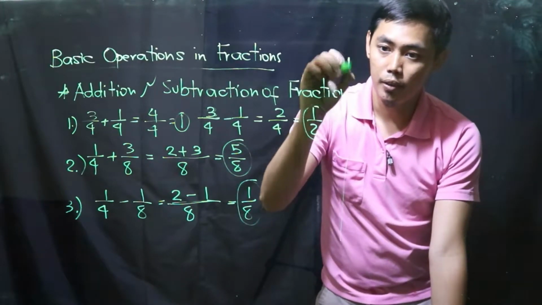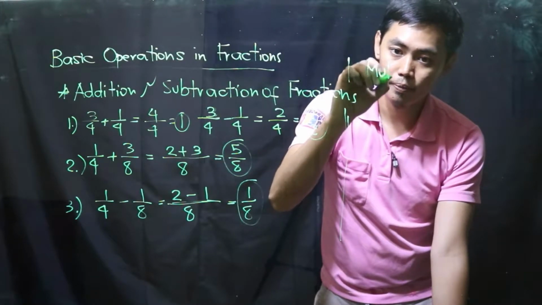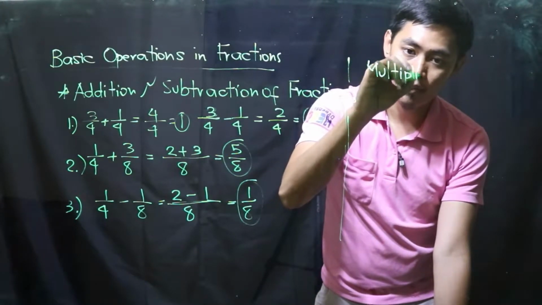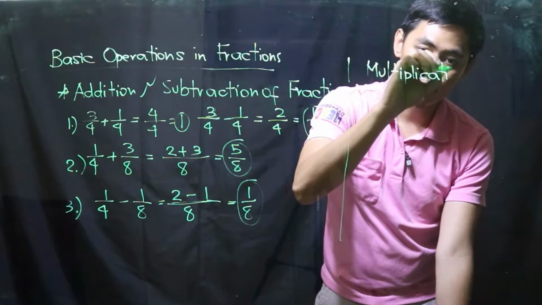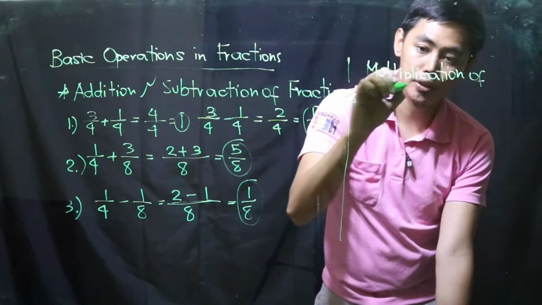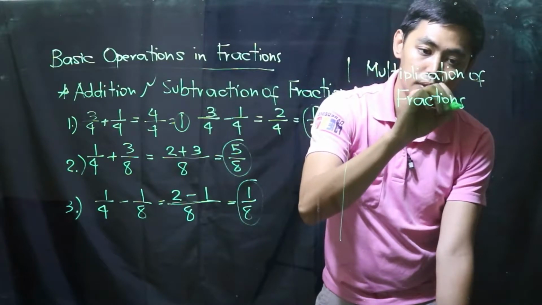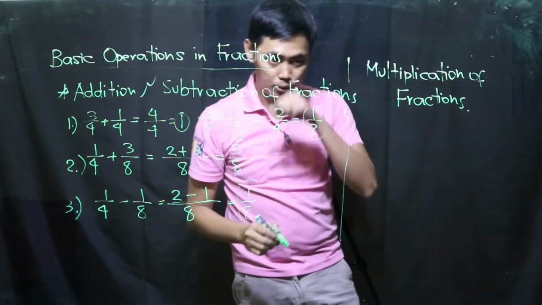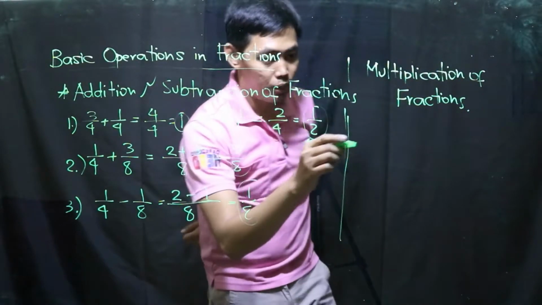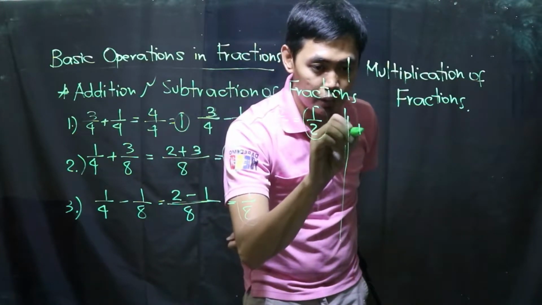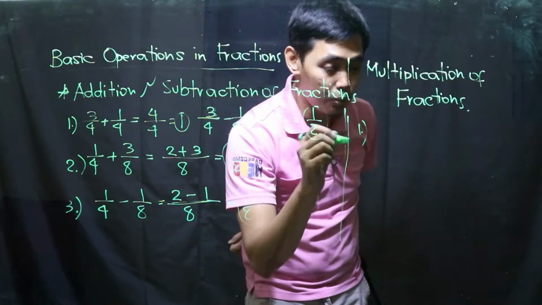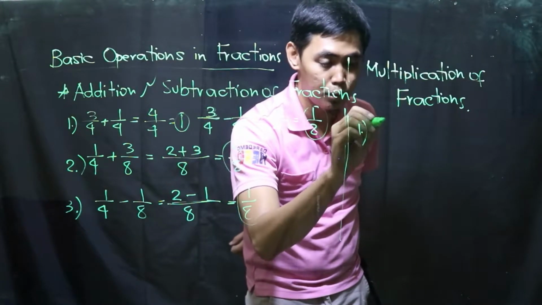Let's have multiplication of fractions. So, in multiplying fractions, you will just multiply numerator to numerator, and denominator to denominator.